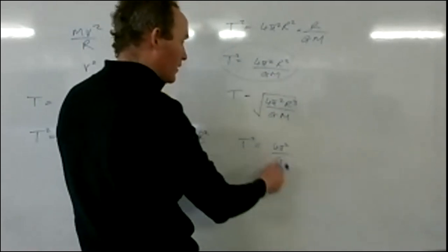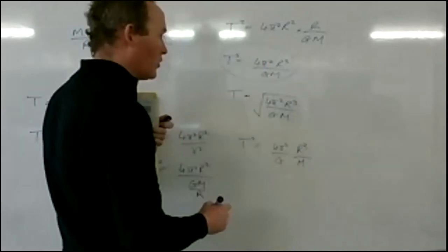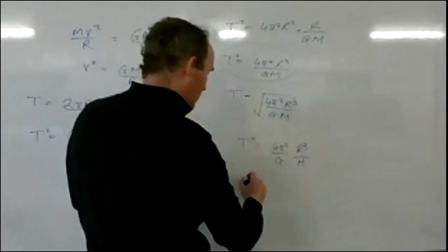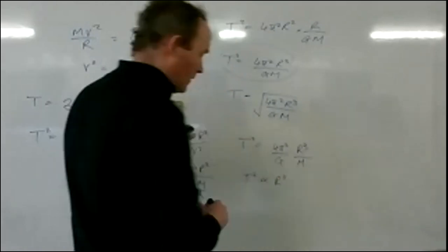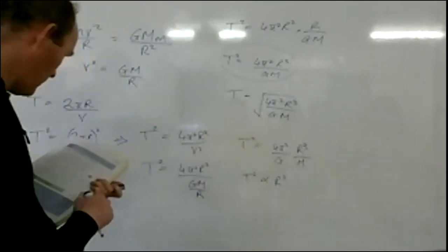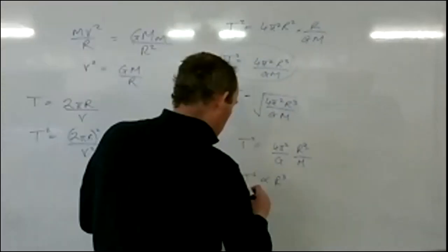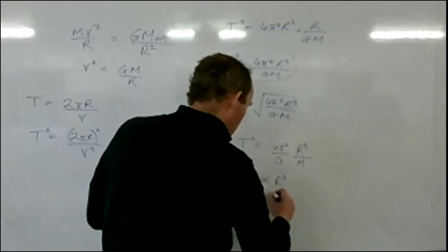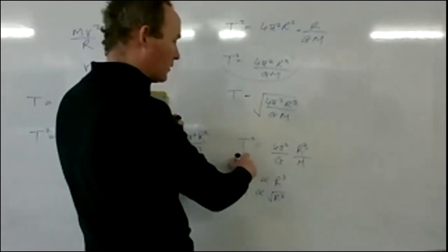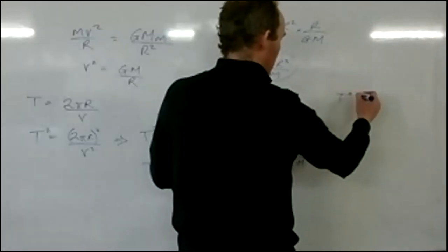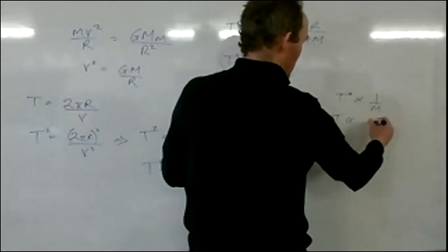The R cubed is from the orbit and the M is the mass. So T squared is directly proportional to R cubed, or T is directly proportional to the square root of R cubed. And T squared is inversely proportional to M, so T is inversely proportional to 1 over the square root of M.